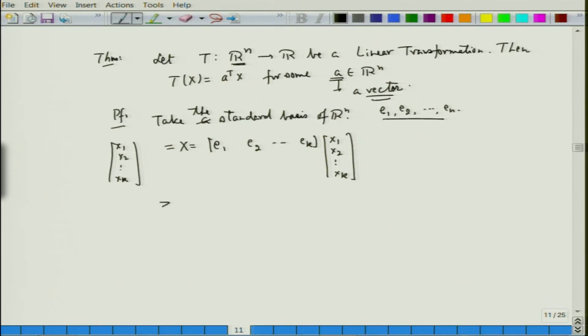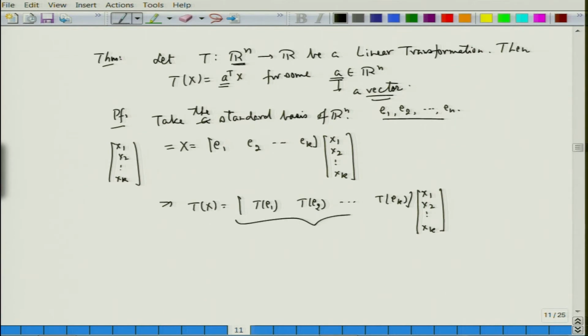And this will imply that T of x, by definition that we have already seen, is T of E1, T of E2, ..., T of Ek times x1, x2, ..., xk. I want to get this A. Can you see that this is your A?